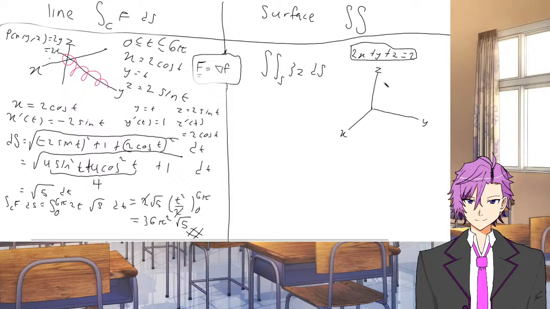Since we're just going to do the region, z equals 2 minus 2x minus y.